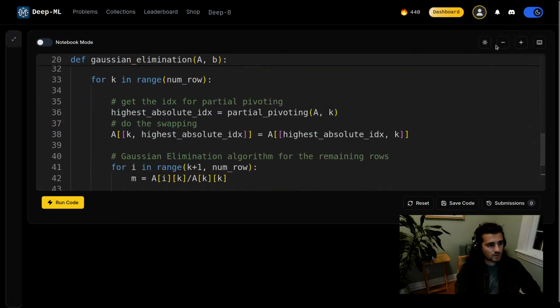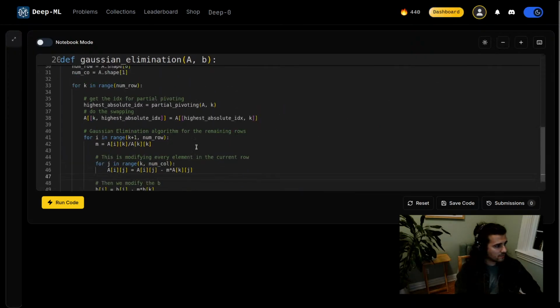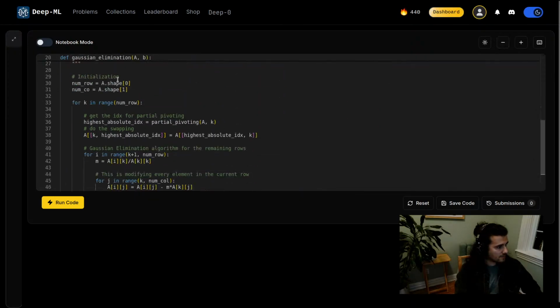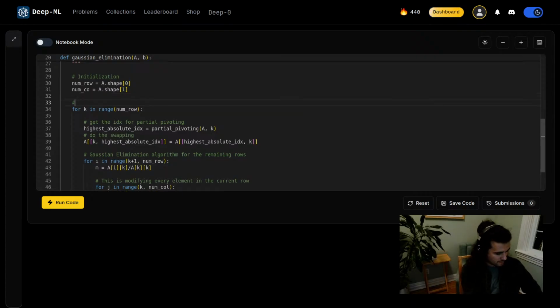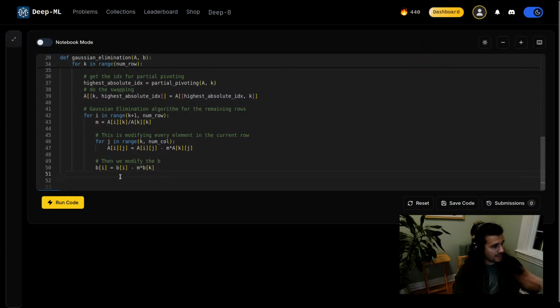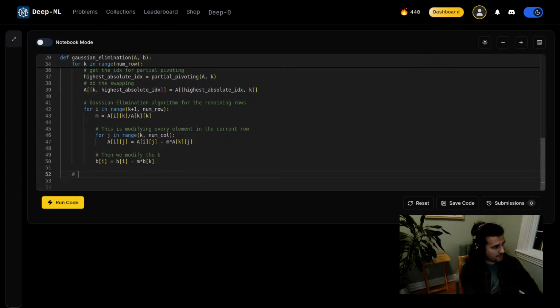So this is the whole Gaussian elimination step. We're doing that now. So this is step 1, Gaussian elimination. At this point, we should have proper B's.